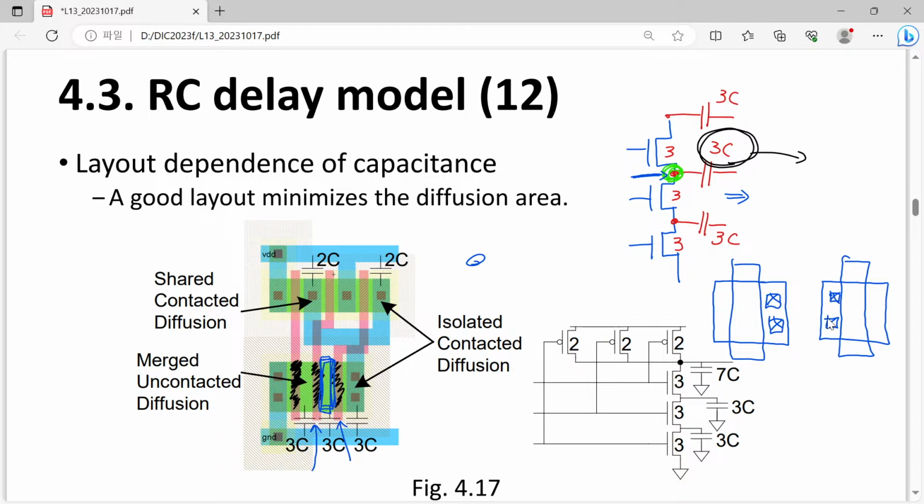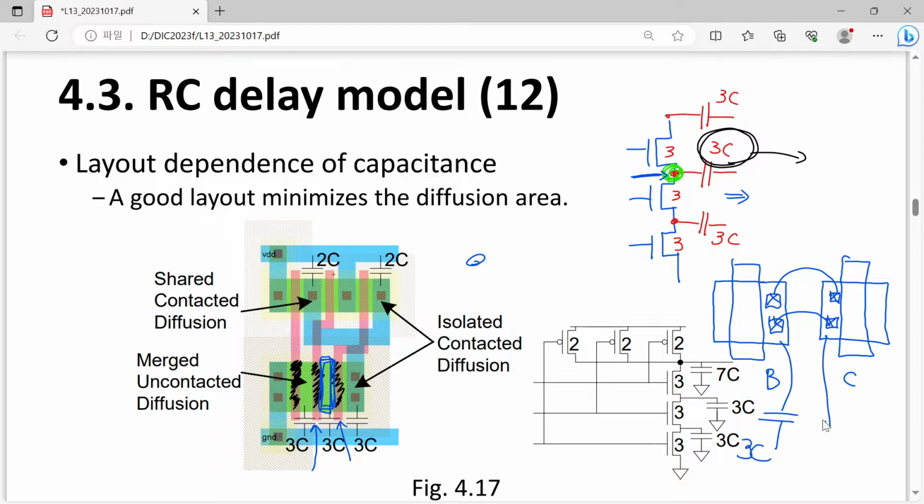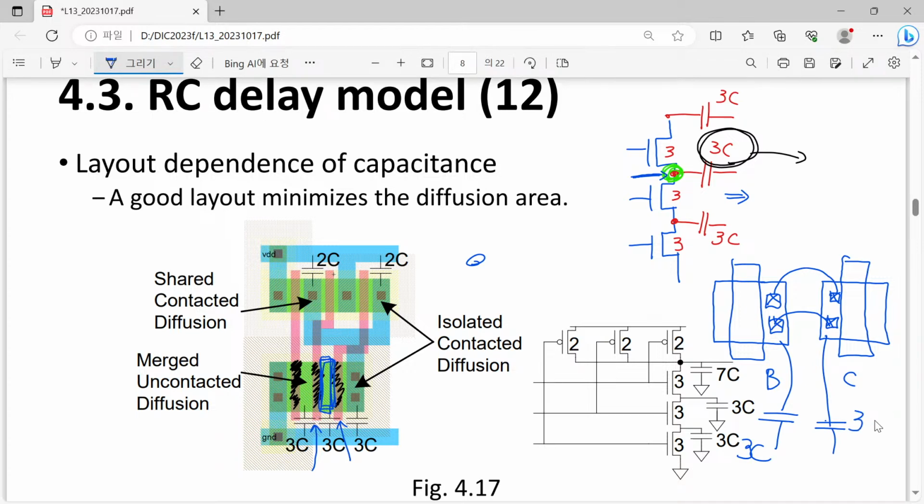This is not the case. If we have this kind of connection between transistor, for example, transistor B and C, then of course this will contribute 3 times C, and this will contribute also 3 times C.